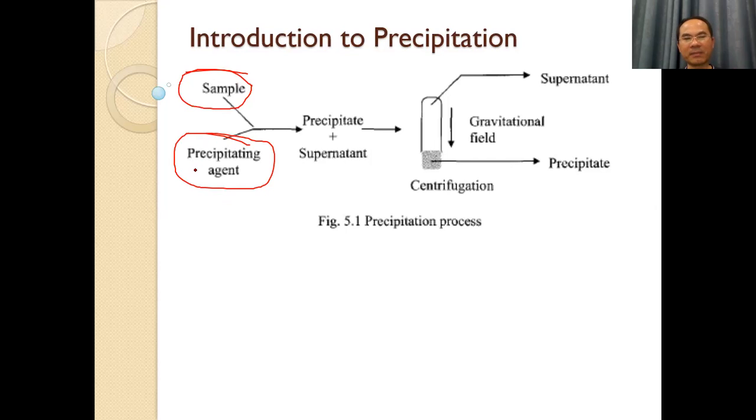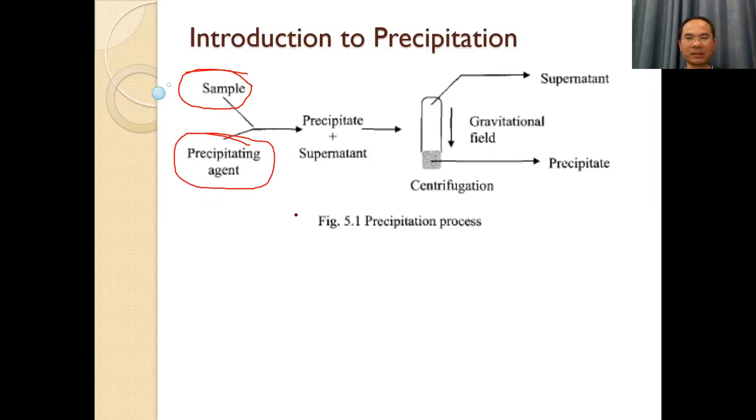Then we add a precipitating agent, some chemical, and this chemical interacts with some proteins and amino acids. Then some of the protein and amino acid separate out from the liquid phase into the solid form.